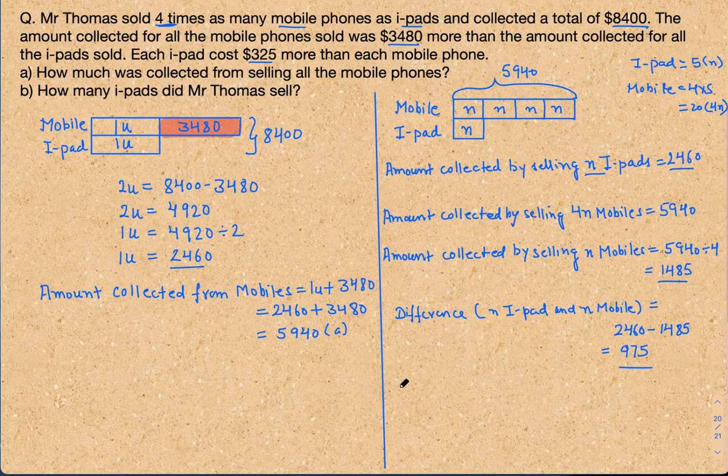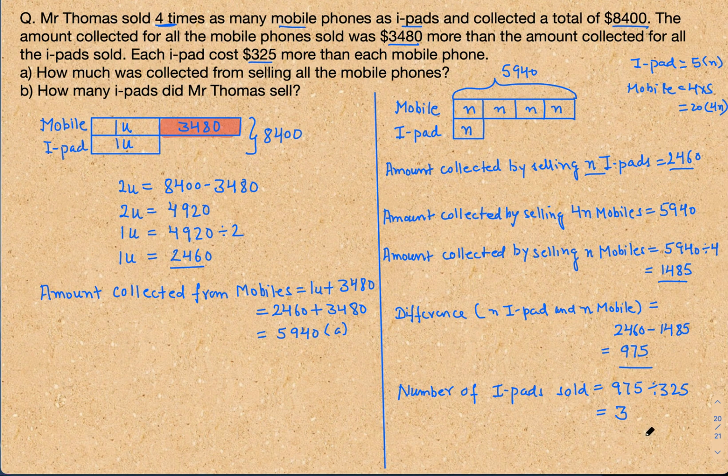So the number of iPads sold will be 975 divided by 325, and that will give me 3. That means Mr. Thomas sold 3 iPads.